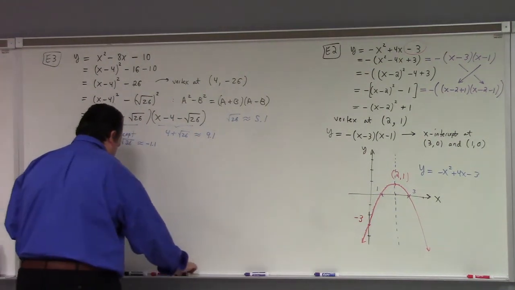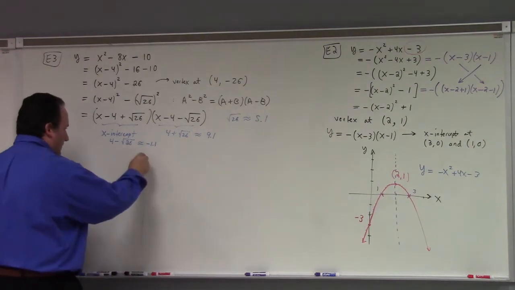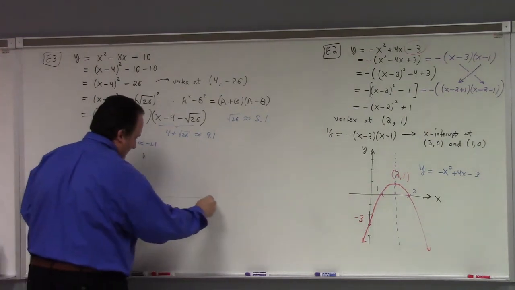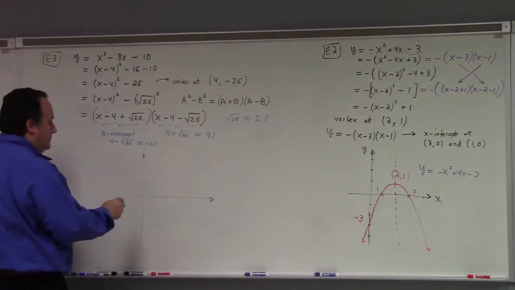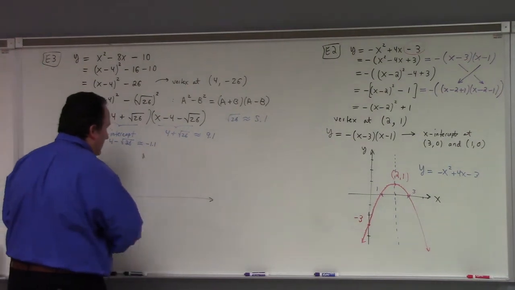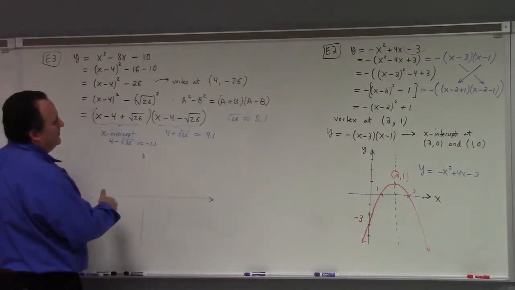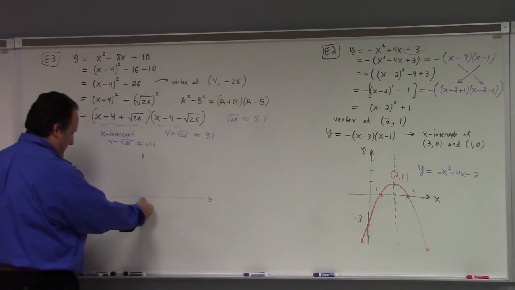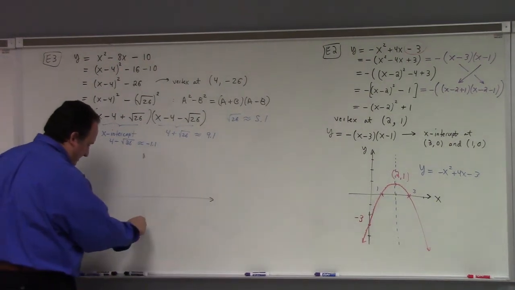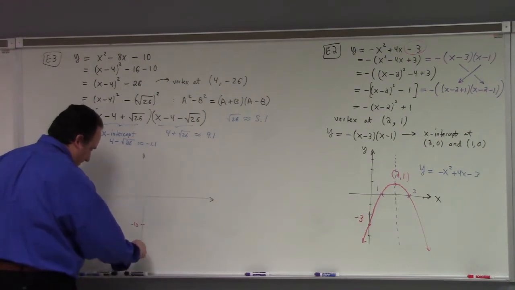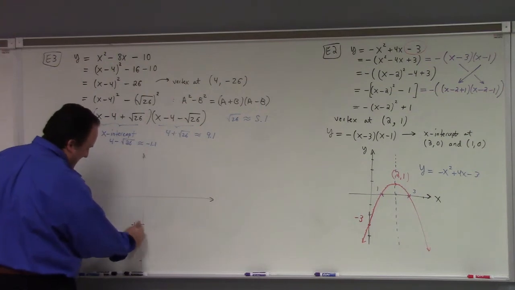Okay, so let's do it. I need, let's see here, I've got to get all the way to minus 26. I better make this by 10. Well, still too much.